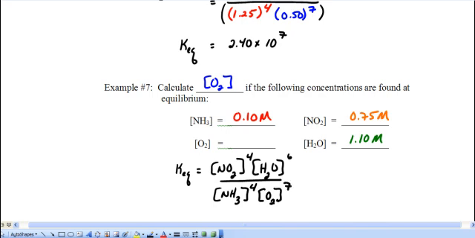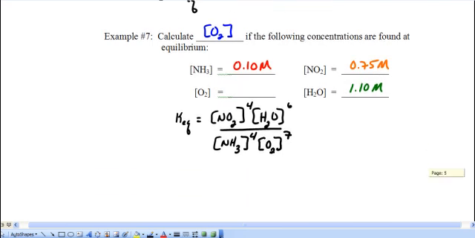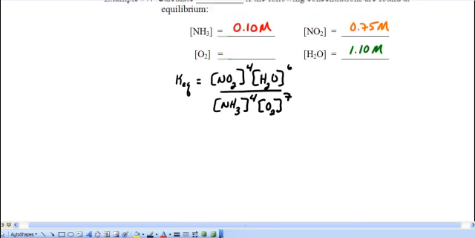Now there's different ways that you can solve for this. You can plug in all the numbers as we've done previously and then solve for the oxygen, or what you can do right now is rearrange the equation to have the oxygen isolated. So let's go ahead and try that just to show you a different way of solving these. I'm going to multiply both sides by the oxygen raised to the 7th power. Alright, so now the oxygens divide out on the right hand side.